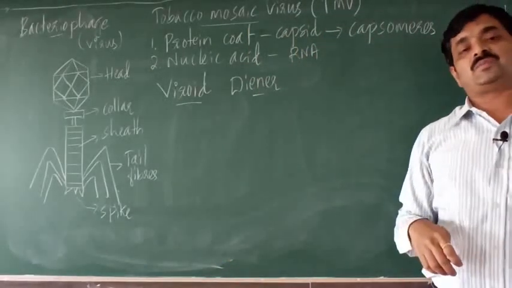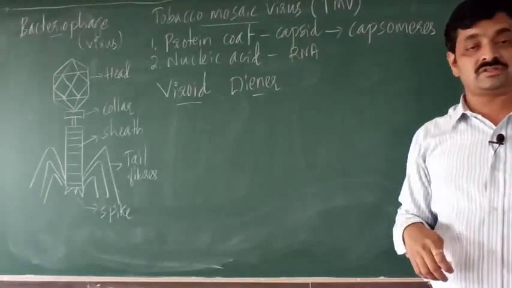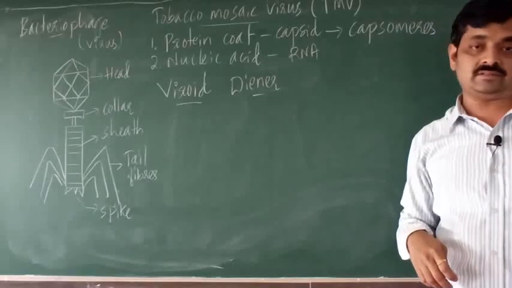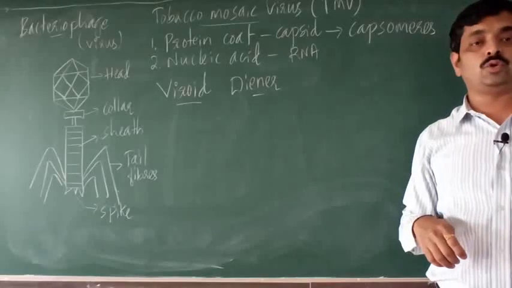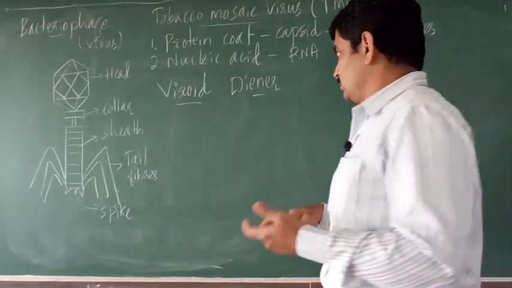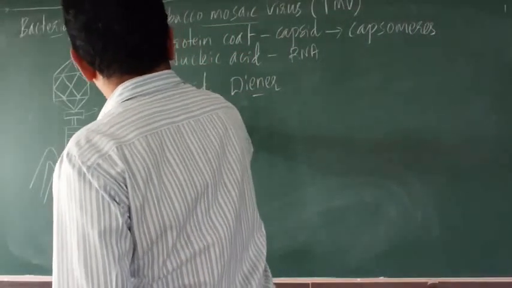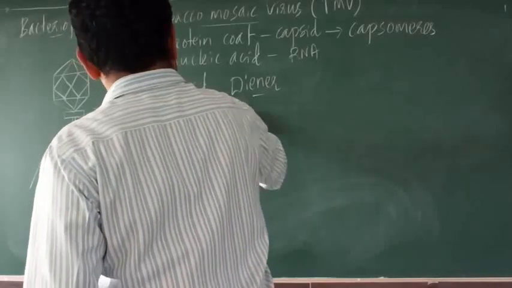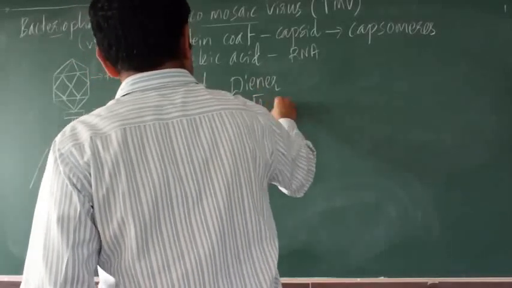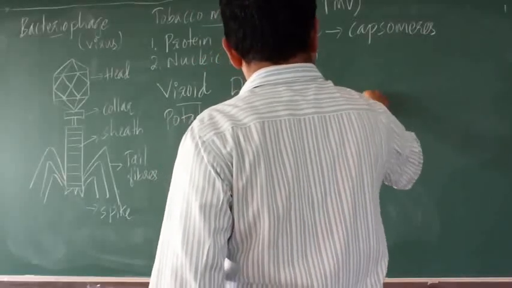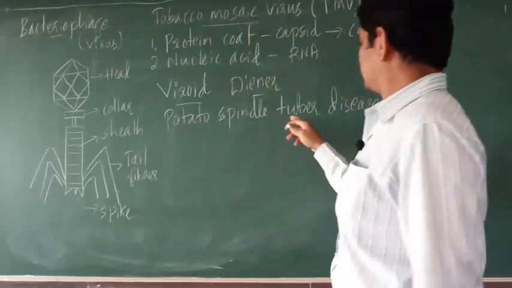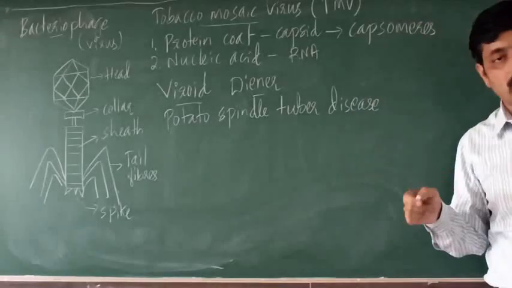Viroids are again infectious agents which cause diseases in organisms. One disease caused by viroid is potato spindle tuber disease.